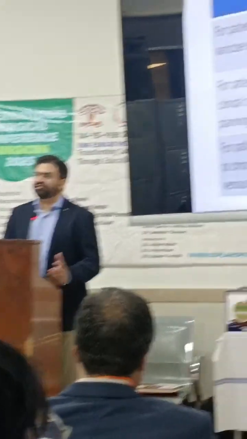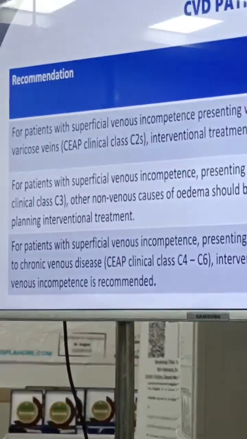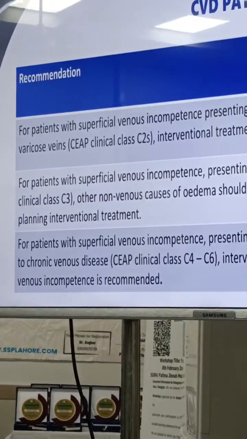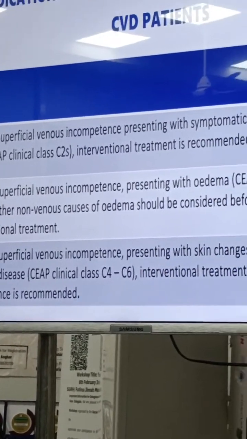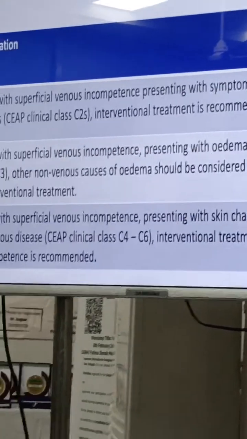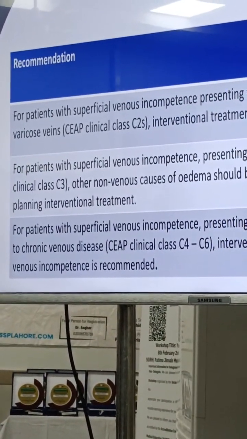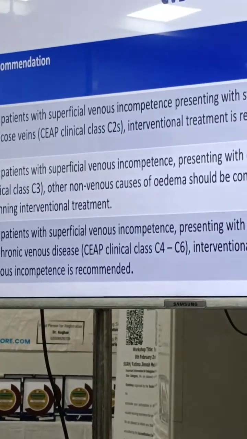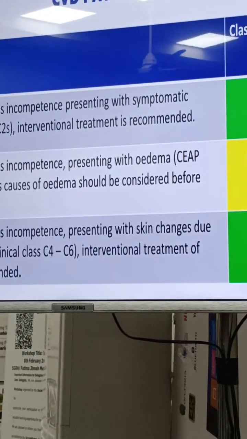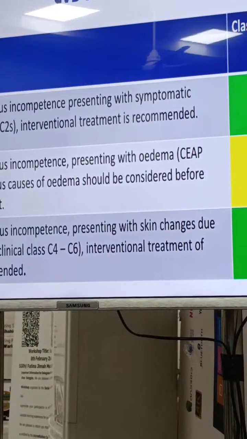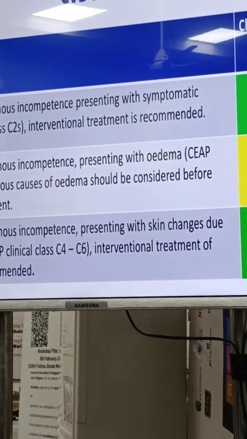So for the treatment of the superficial venous system, the European Society of Vascular Surgery guidelines suggest you have to treat all symptomatic superficial venous disease upfront. Once a patient is symptomatic and comes to you, you have to treat them.